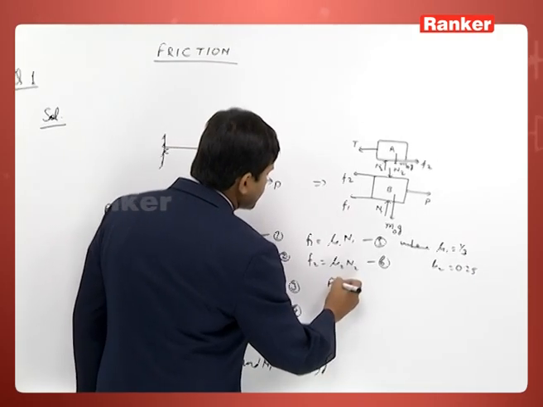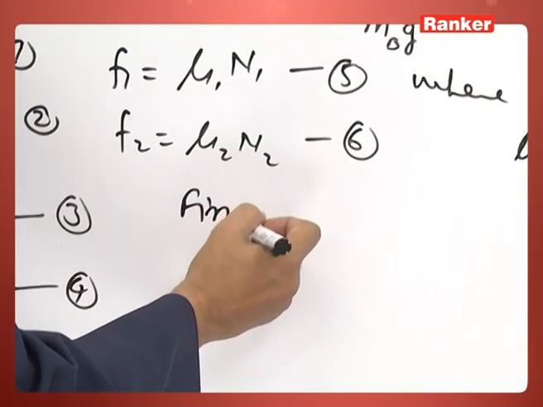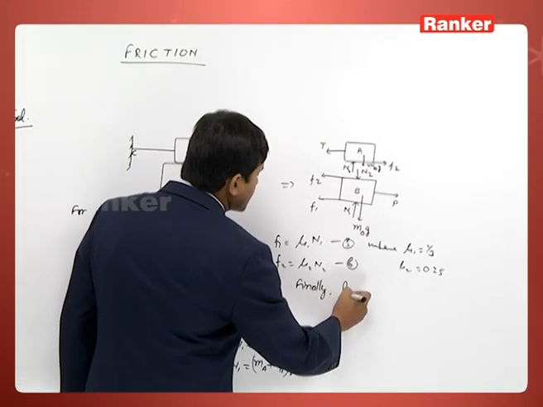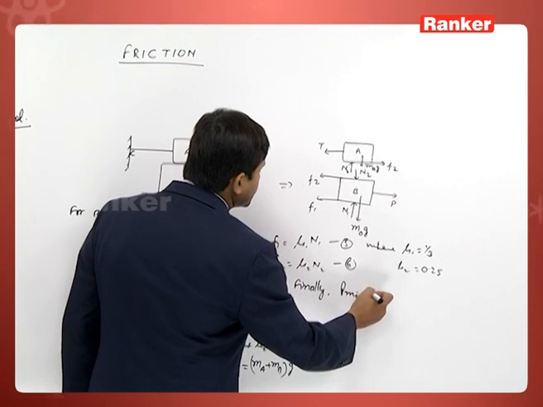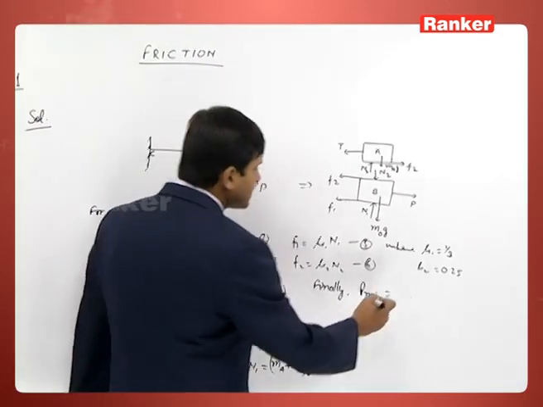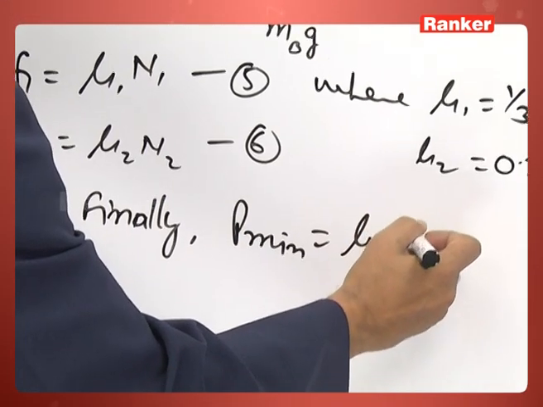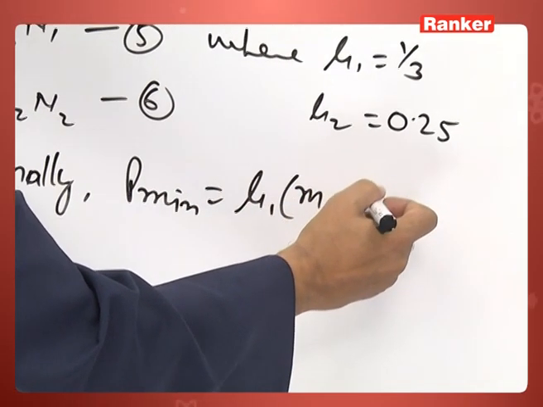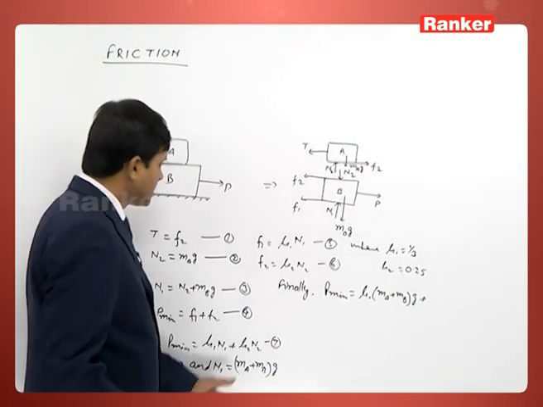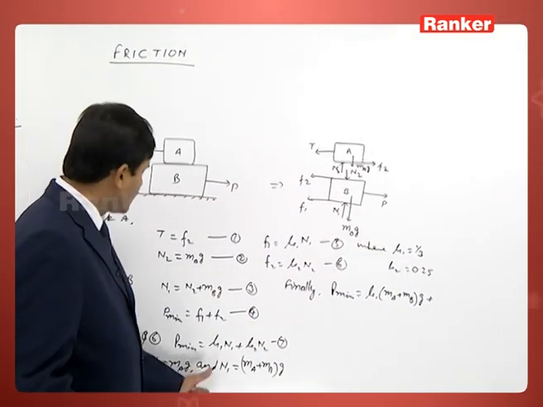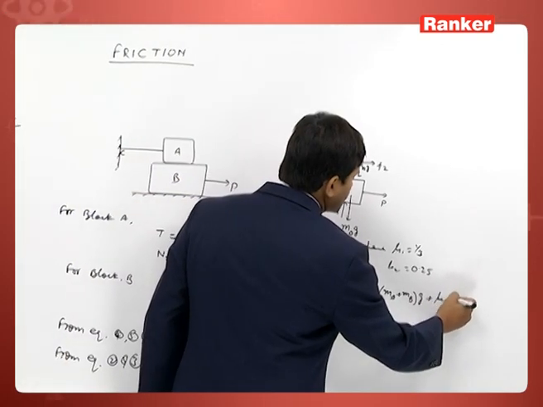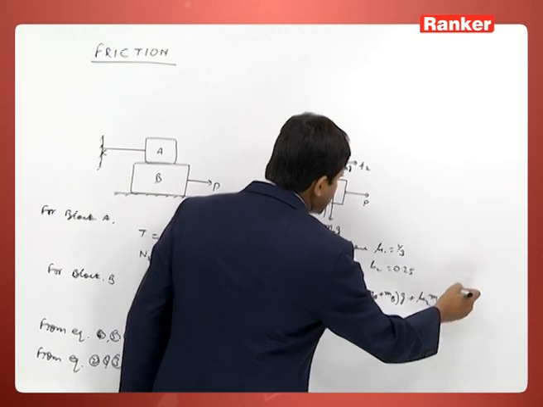So, finally, we will get P minimum is equal to mu 1 N1, that is mu 1 into (MA plus MB) into G, plus mu 2 N2, that is mu 2 MAG.